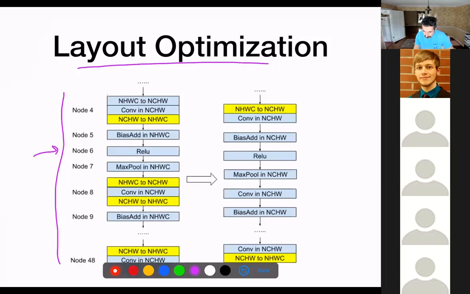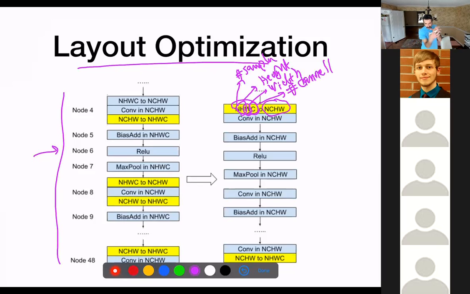There are some formats, so you see different changes of format. N here is the number of samples that you feed, H is the height of your input, W is your width, and C is the number of channels. This is the size of your input.